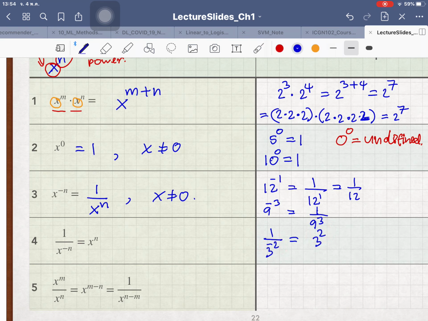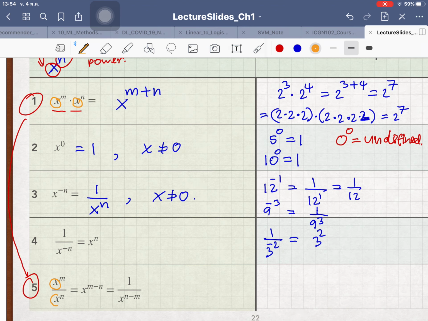The next rule will be very similar to rule number 1. Rule number 1 is the case of multiplying, but rule number 5 is the case of dividing. If you have x to the power m, this term has the base of x, and it is divided by x to the power n.